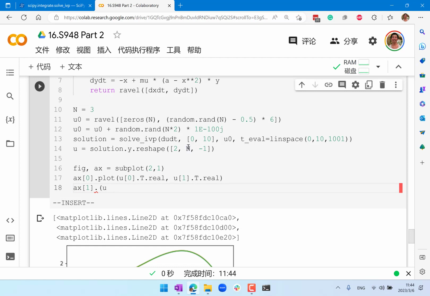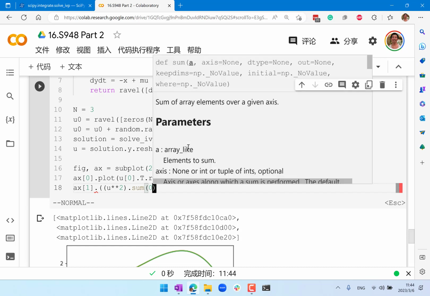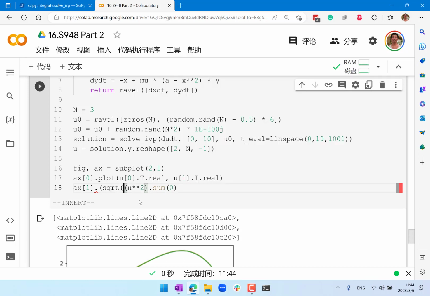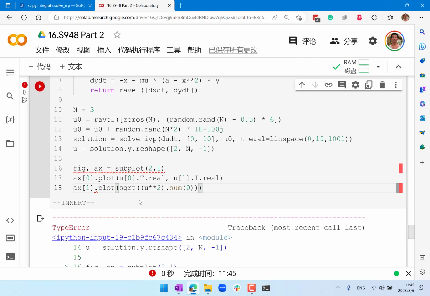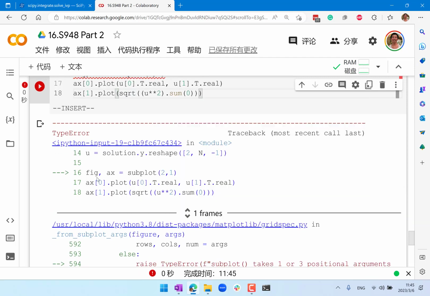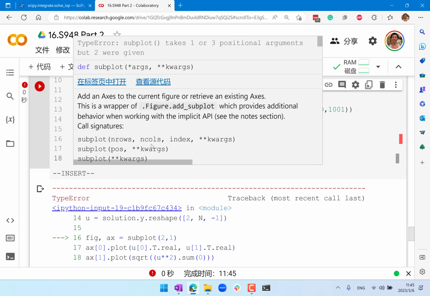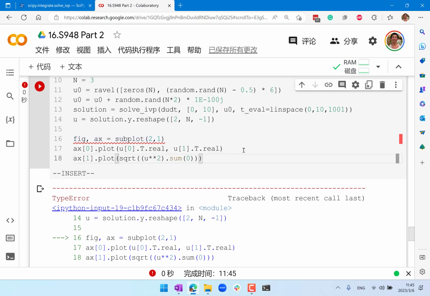So we take u squared, sum over axis 0, which is basically taking the norm over the first dimension, the x and y dimension, and then take the square root of that. Let's plot that with subplots.